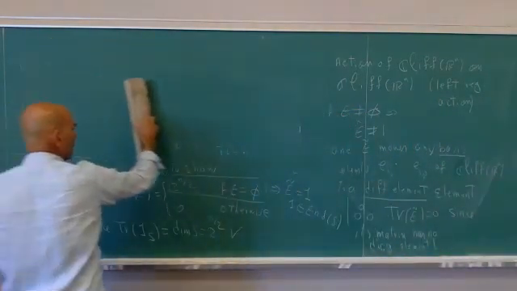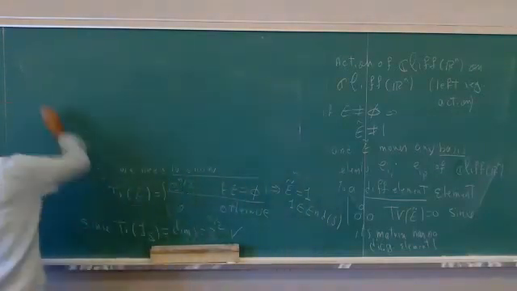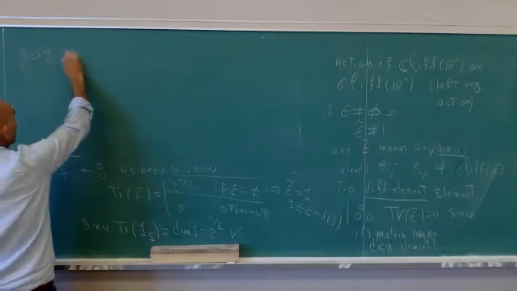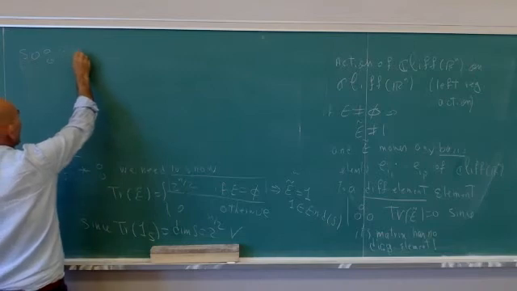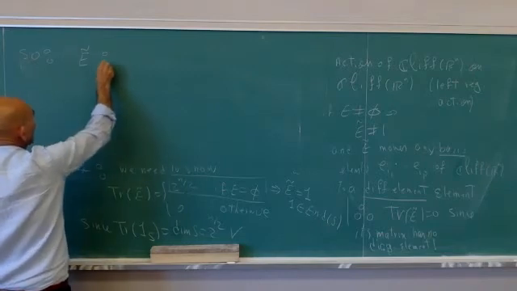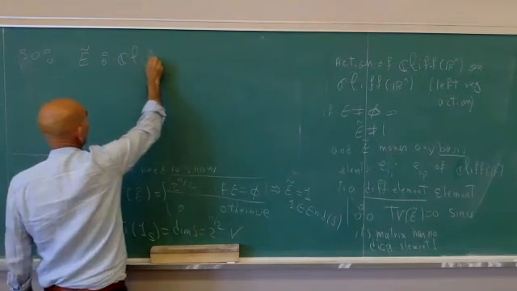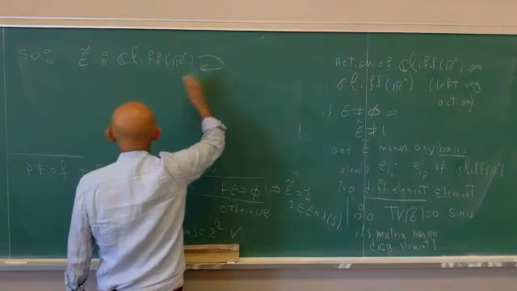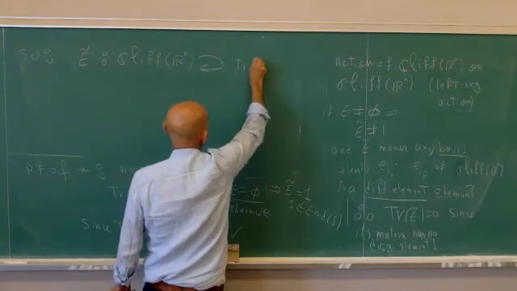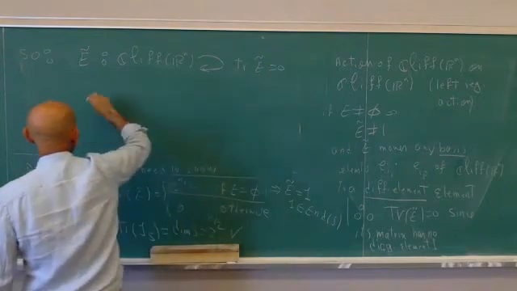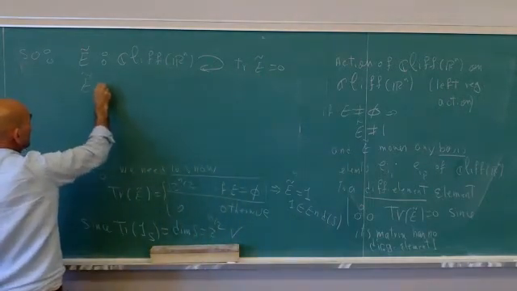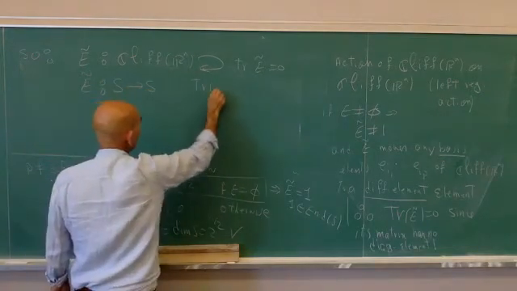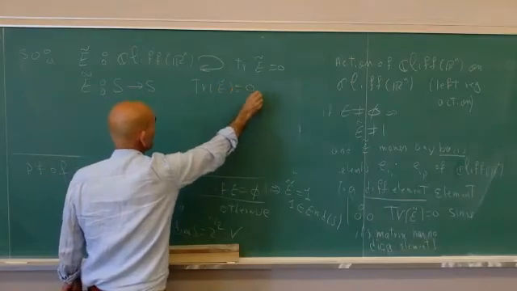So let me write it now like this. Trace of E tilde as an element from Cliff Rn to Cliff has trace 0. But we are interested in trace of E tilde as an element from S to S. We want to say that trace of E tilde is equal to 0.